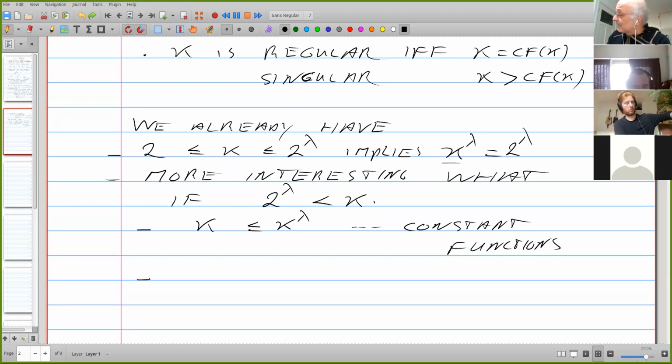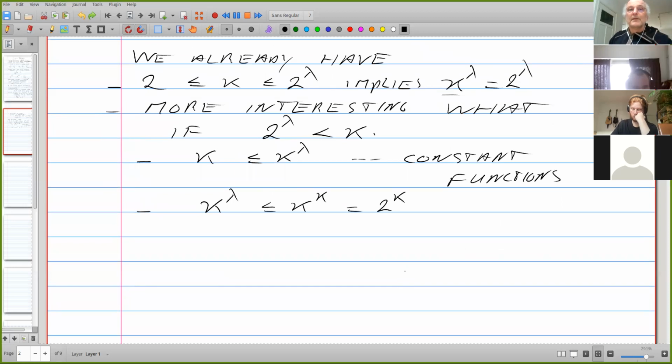What we also get is, if 2 to the lambda is less than kappa, then we know by Cantor's theorem that lambda is way smaller than kappa, of course. So kappa to the lambda is less than or equal to kappa to the kappa, which happens to be 2 to the kappa. Here is at least one piece of information.